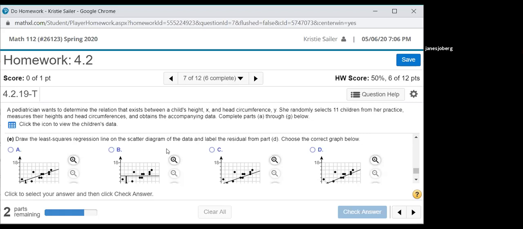Turn it on. And then let me go back to stat, calc, 4. Okay, so there's that now.